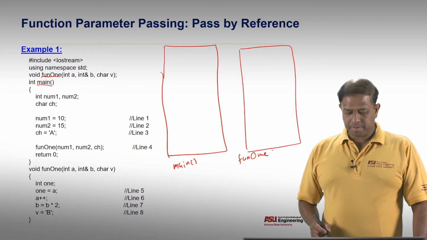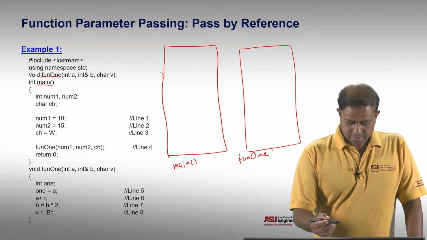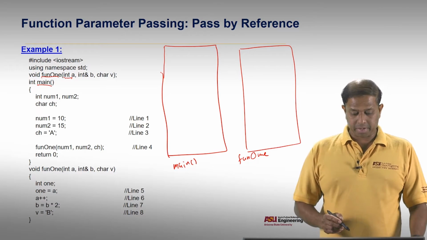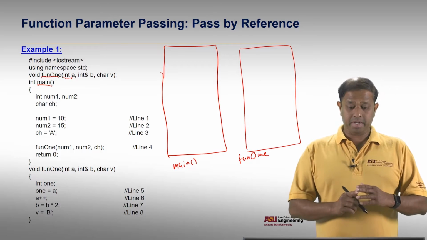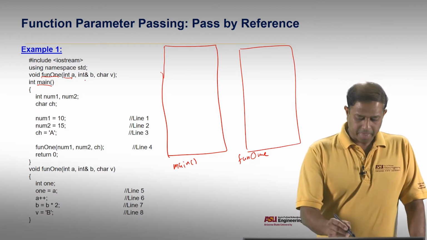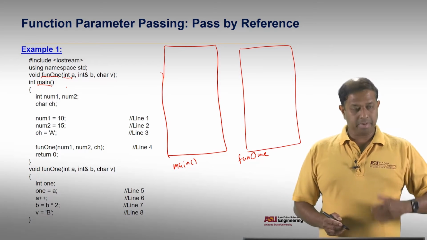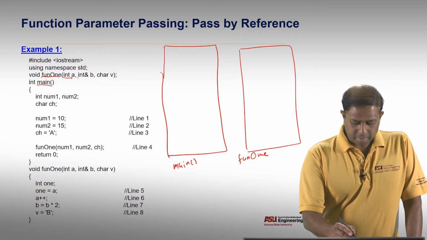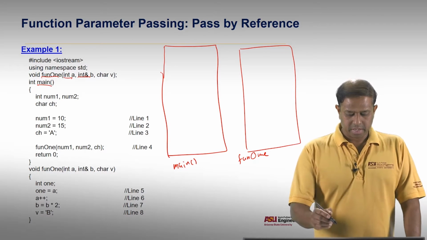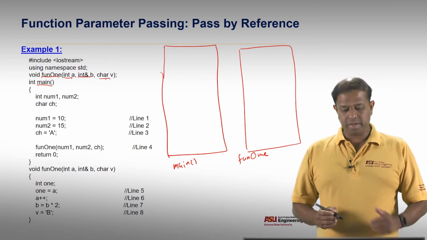Now in this function we have 3 parameters. The first one is an integer parameter, which is passed as a copy of the value because there is no reference in here. So the first parameter is passed by value. The second parameter is passed by reference because it has a memory address. The third parameter is passed by value.